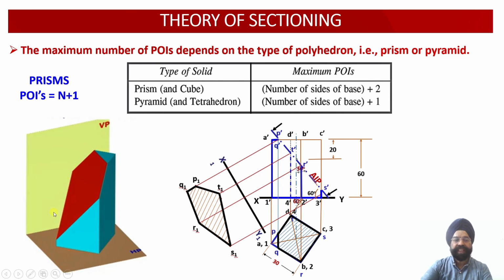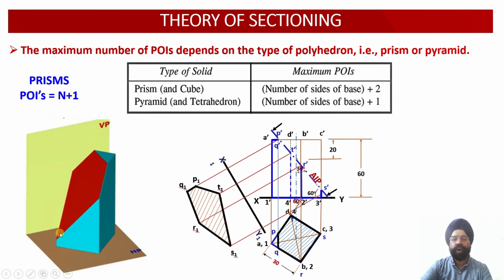But now it is cutting 3 vertical edges, and it might have cut either of the base also. So it is cutting either the top or the base. If it is cutting the top face only, you get n plus 1. If it is cutting even the base over there, you would have got n plus 2. In that case, it would have cut 2 edges and 2 surfaces, one surface on the bottom and one surface on the top.